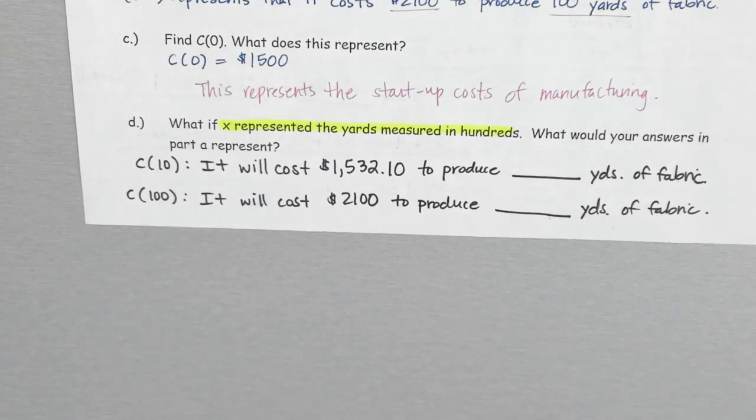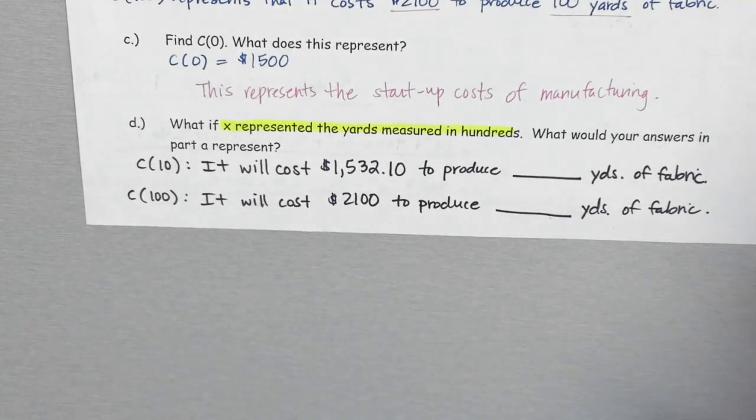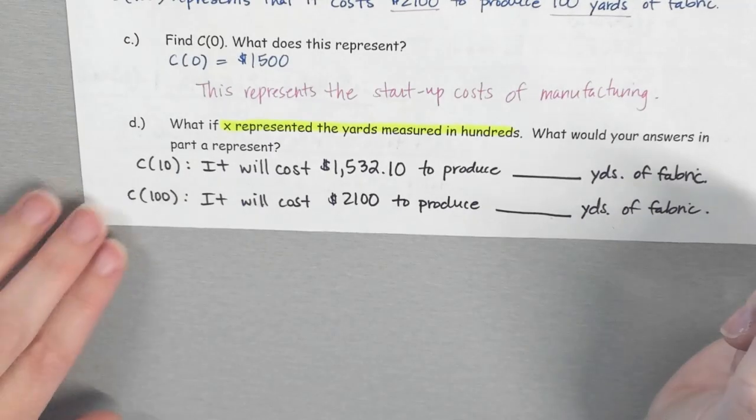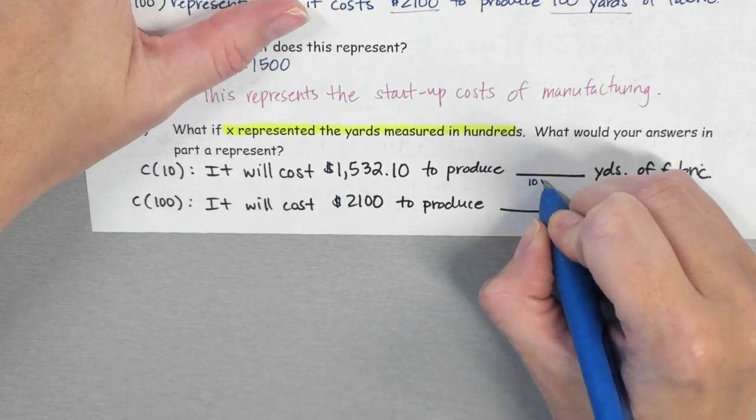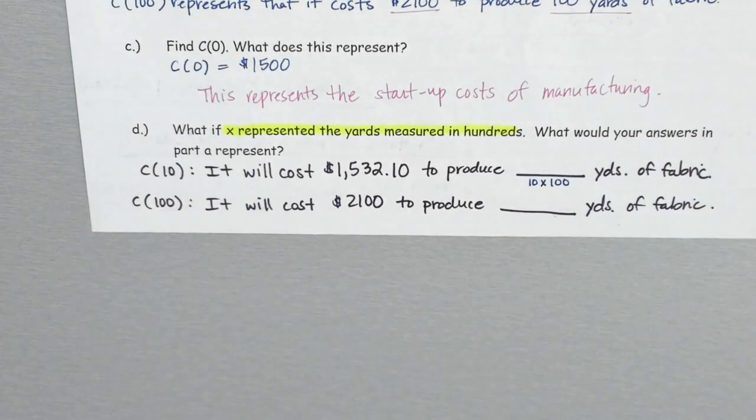The only thing that's going to change is our X value. So if our X value is 10, but that's measured in hundreds, what can I do to 10 to find out how many yards this is going to be? Multiply 10 by 100.